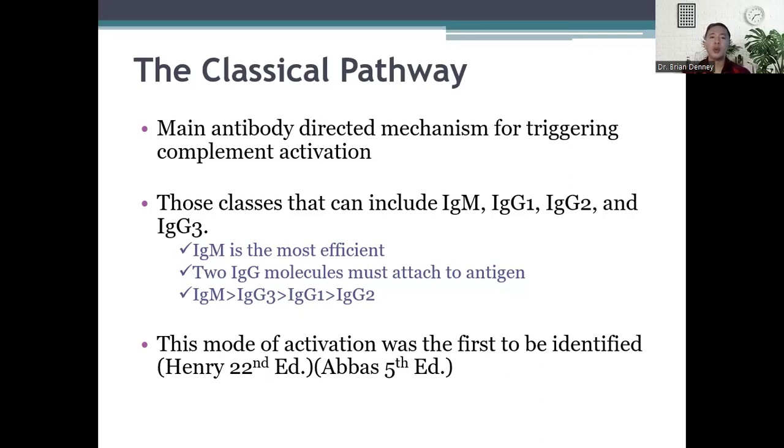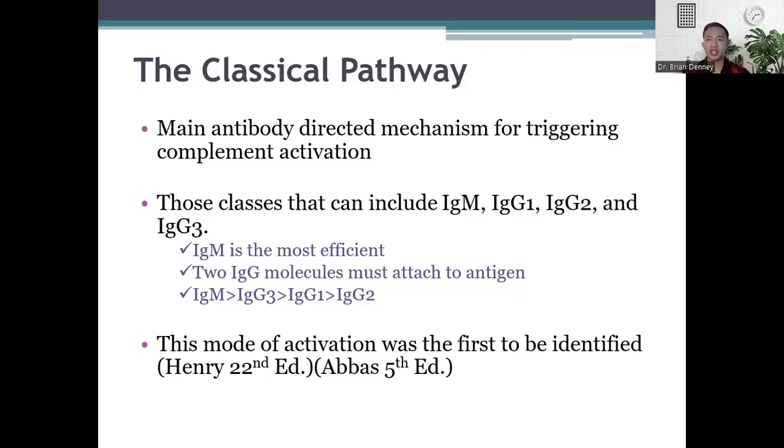Now, what are the antibodies that participate in the classical pathway? We have two, IgM and IgG, of which IgM is the most efficient antibody to cause activation of your classical pathway.